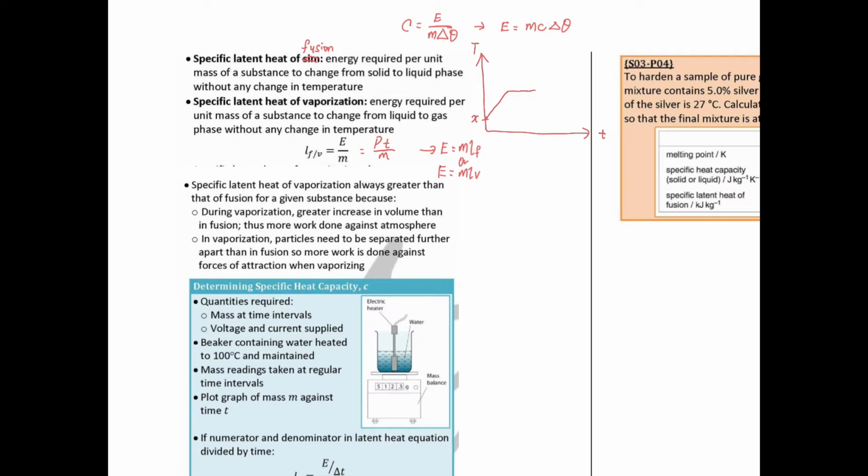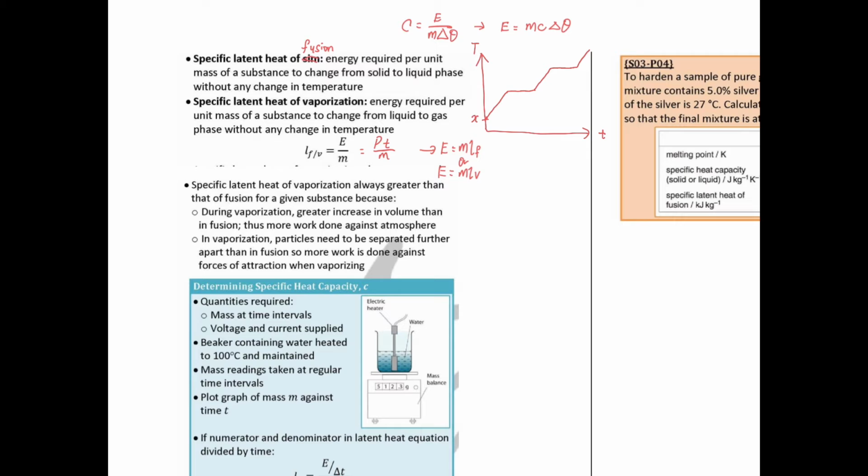It will become flat for a short period of time as the melting process happens without change in temperature. And then it becomes liquid, and the temperature of the liquid increases, and then the liquid boils, and after that it becomes gas, so the gas increases in temperature again.